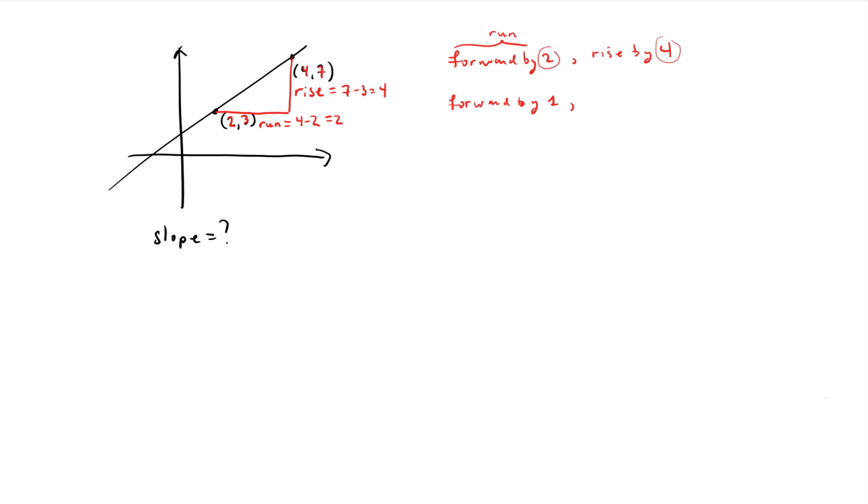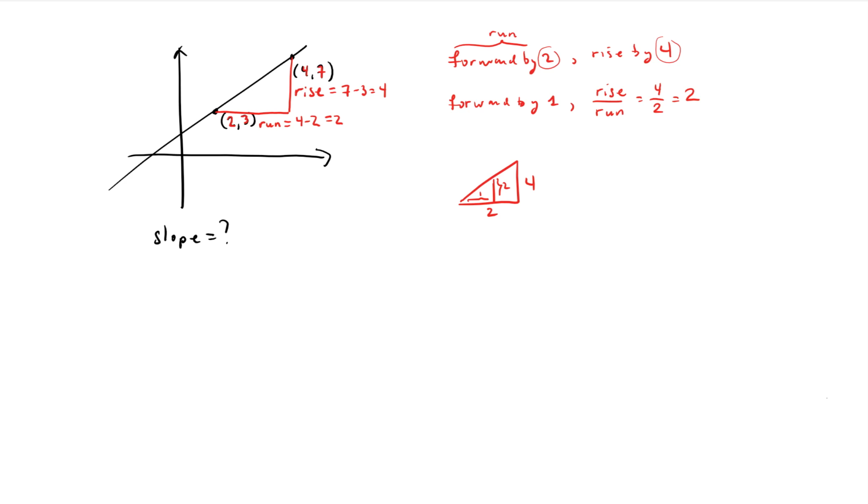So I will actually take my rise and divide it by my run, right? 4 divided by 2. That's going to give me by how much up I go if I go forward by 1, right? Because if I go forward by 2, I go up by 4. So if instead I go forward by 1, this will be 2 now, because those triangles are proportional, right?